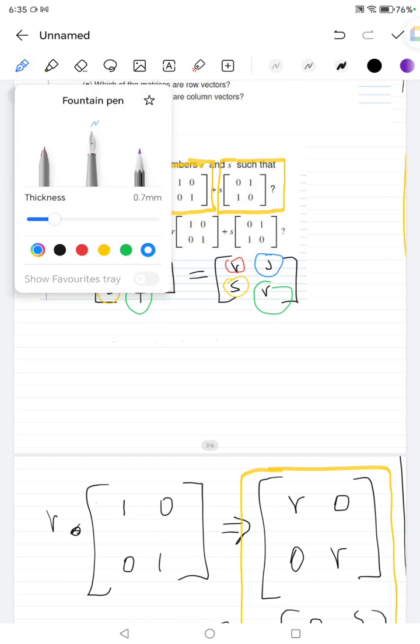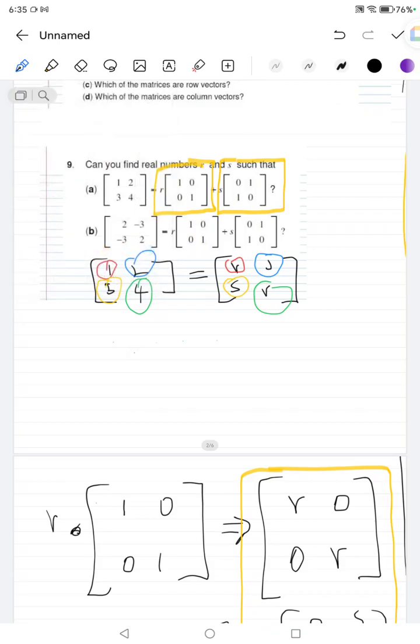So now you can say the top R is going to be equal to 1. Then the top S is going to be 2. Then the other one is going to be 3. Then your R is going to be 4. Then we have to check the second one.